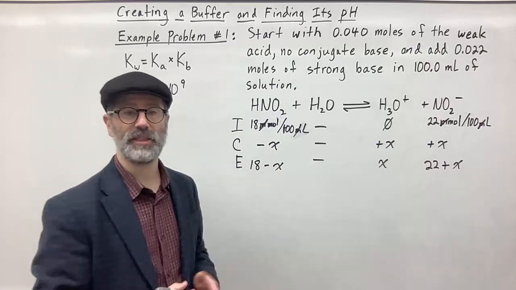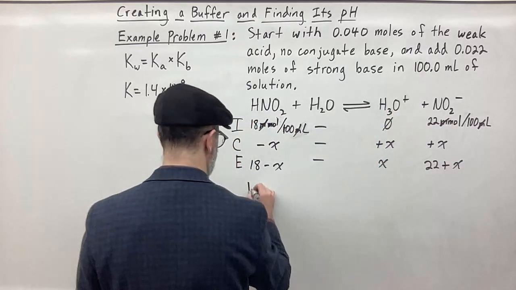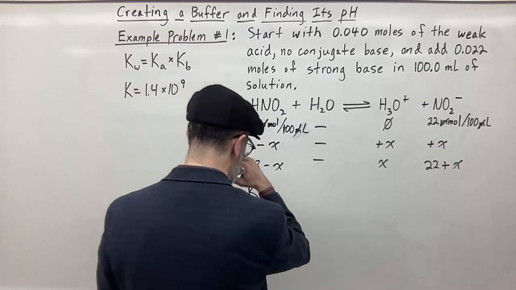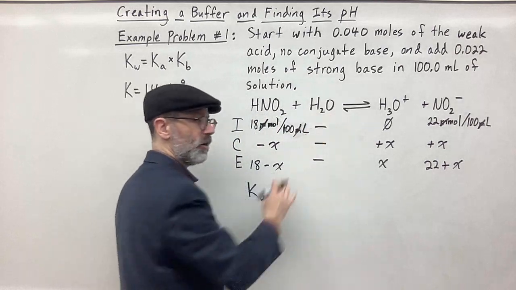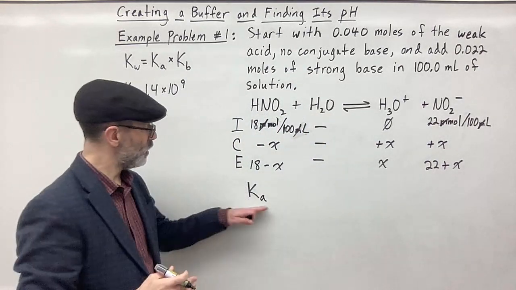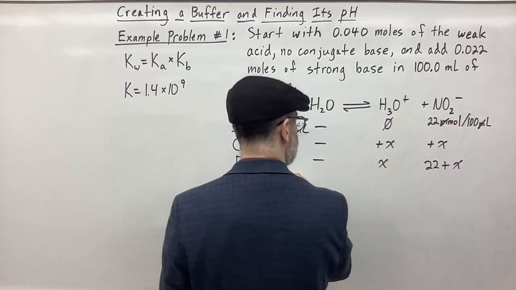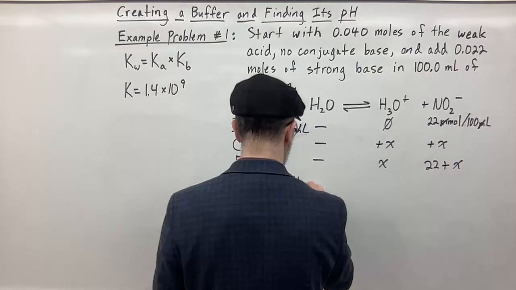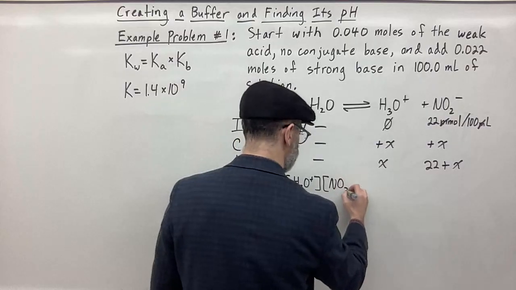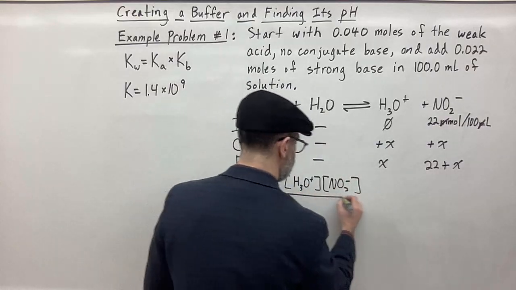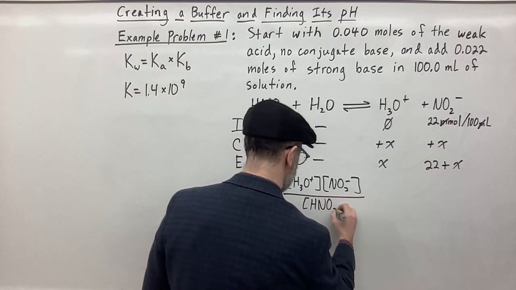Now we can plug this into our K expression for this reaction. Since this is the weak acid reacting with water, that's your Ka value. Ka is equal to products over reactants: the H3O plus concentration multiplied by the NO2 minus concentration, divided by the concentration of HNO2.